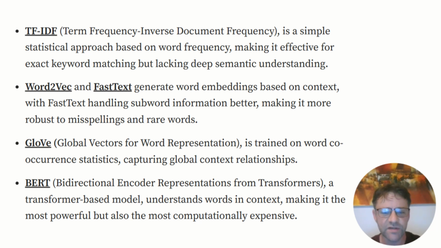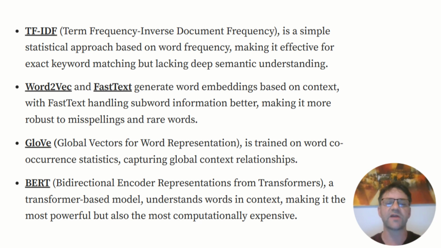We also used word2vec and fast text to generate word embeddings and cosine similarities. And we used the global vector word representation, GLOVE model, and then we also used BERT, the bidirectional encoder representations from transformers model, which is probably the most powerful model and the best at picking out semantic similarities.